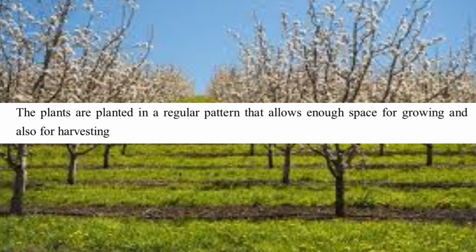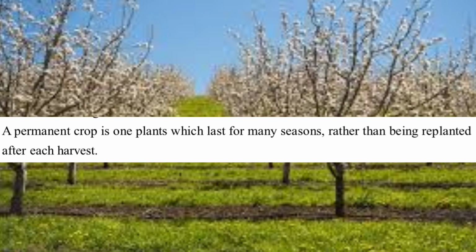At the time of planting these permanent crops, we give enough space for the growth of each plant, and it also helps easy harvesting. A permanent crop is one plant which lasts for many seasons rather than being replanted after each harvest.